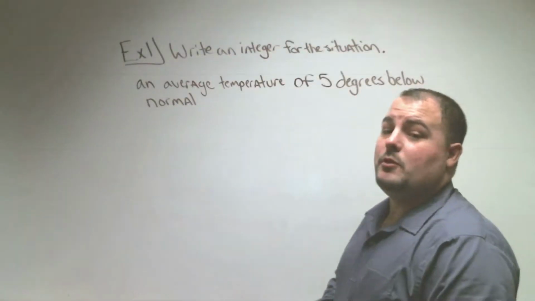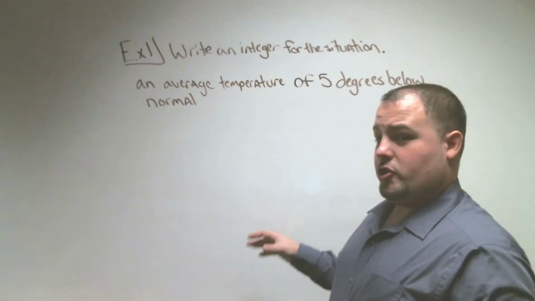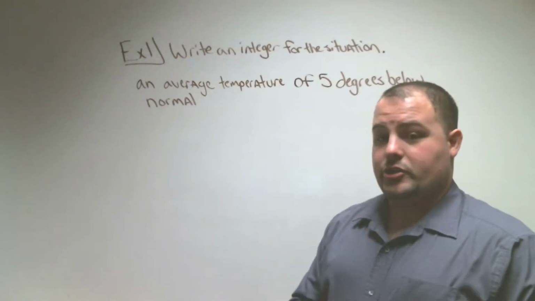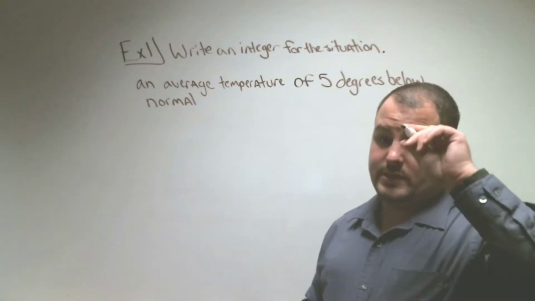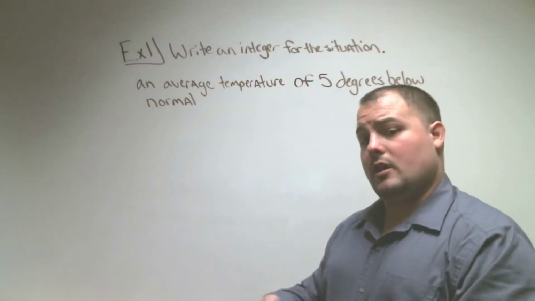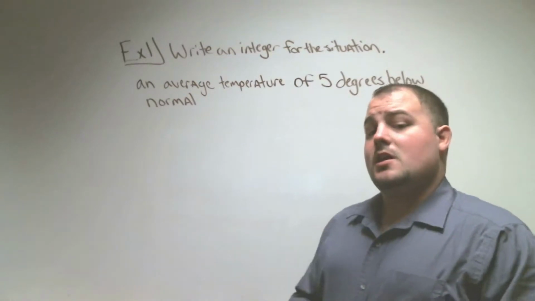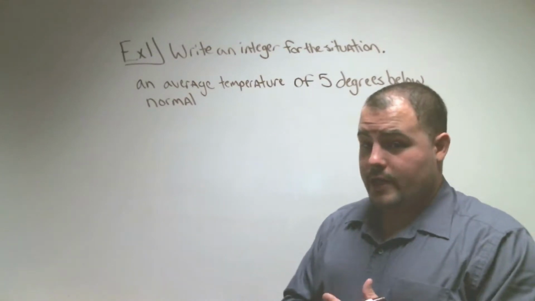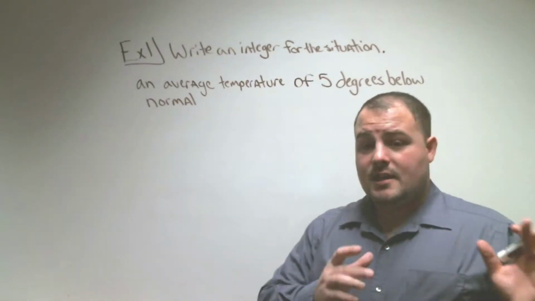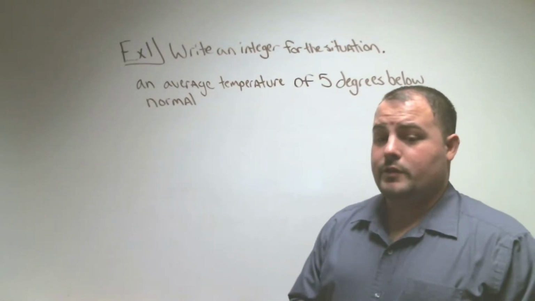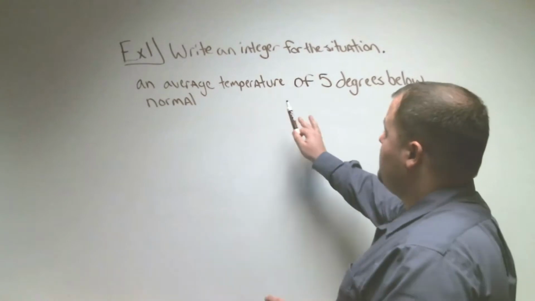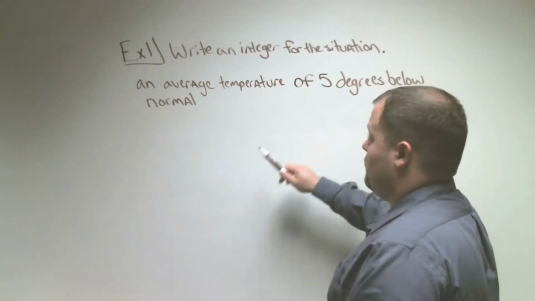In our first example, we're going to be talking about an integer. So our job is to write an integer. Now remember, when we looked at integers, it was like -4, -3, -2, -1, and positive numbers. So integers are positive or negative. So we have to read this statement and see what type of integer we would write for this situation. An average temperature of 5 degrees below normal.